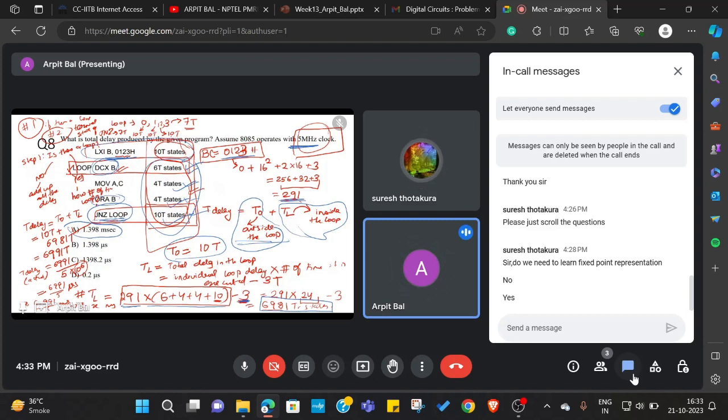And what about this? It is having two answers, A and C. Is C correct? Wait, let me check. Let's say this is 1.398 into 10 power minus 3. This is 1398 into 10 power minus 6.